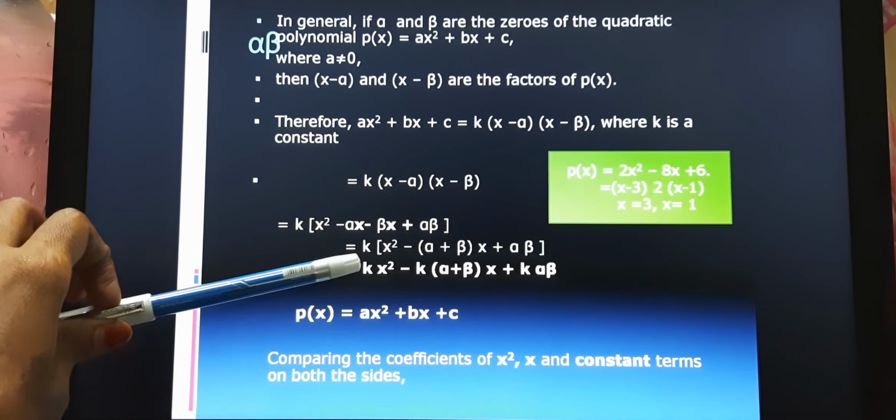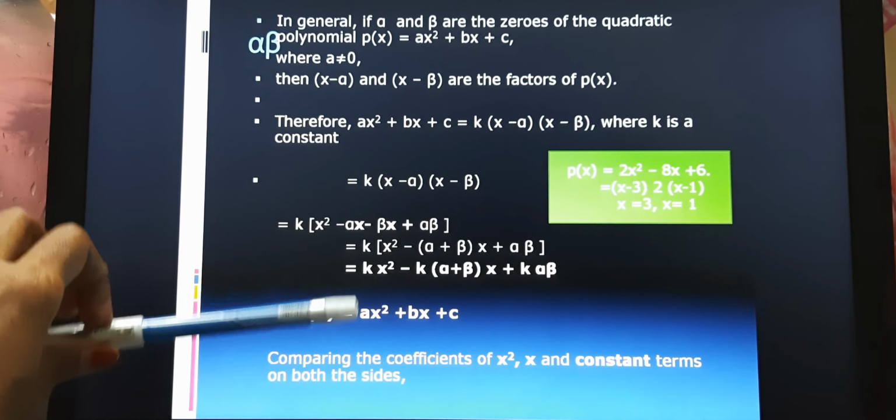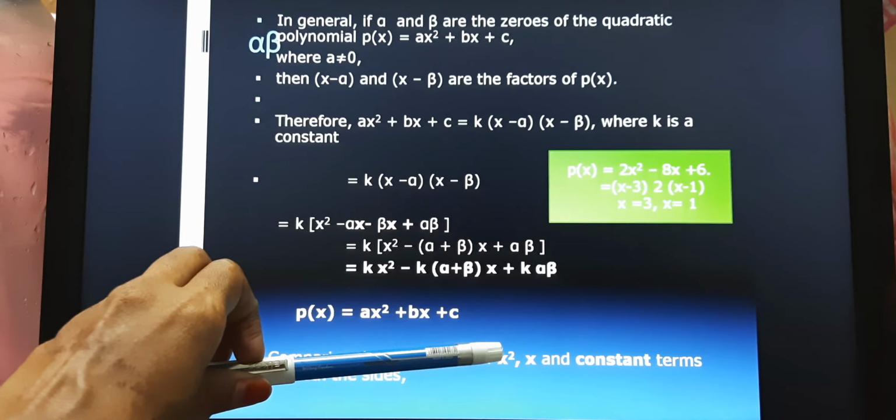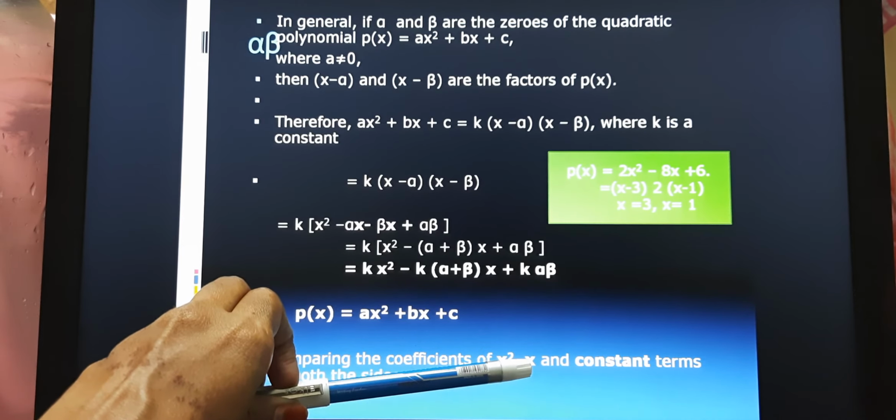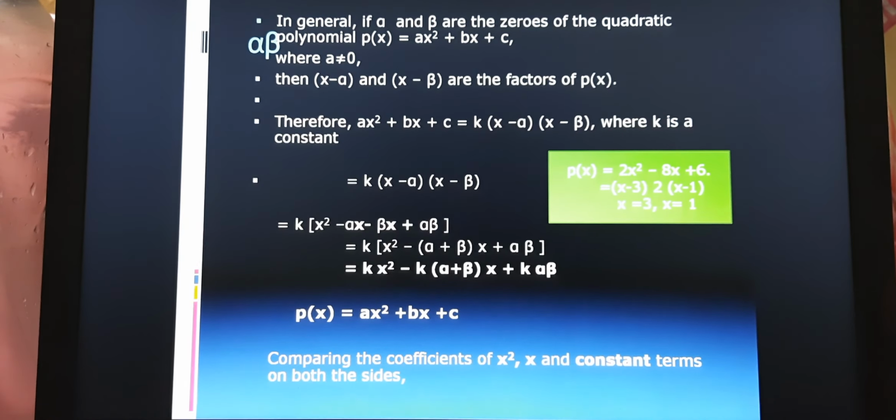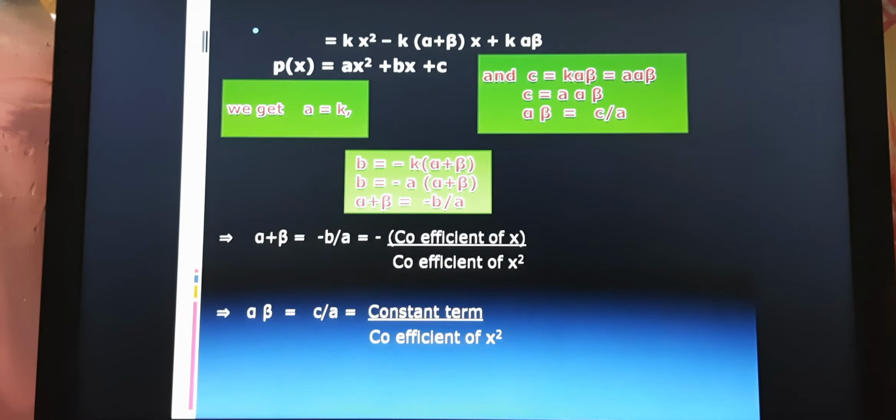So we compare these two polynomials and compare the coefficients of x square, x and constant terms. So here we got kx square minus k into alpha plus beta into x plus k alpha beta, but the general form is ax square plus bx plus c.